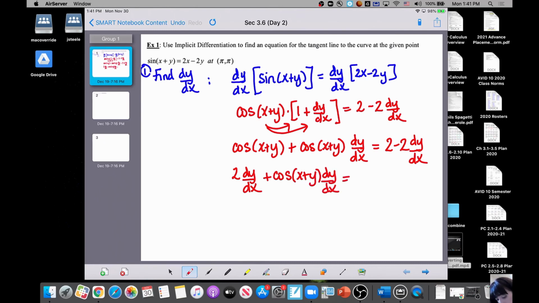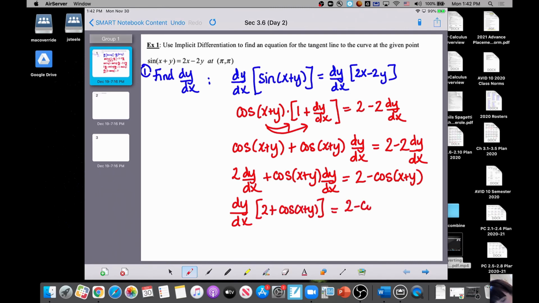And then on the other side, I still have the 2, and then I'm going to move the cosine(x plus y) from the left to the right, so I'm going to subtract cosine(x plus y). And then I factor out my dy/dx. So I'm left with dy/dx times (2 plus cosine(x plus y)) is equal to 2 minus cosine(x plus y).